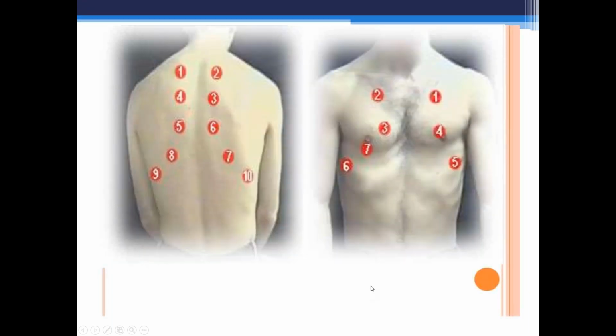But these are the recommendations as far as how we auscultate those lung sounds. So we start with the front of the patient's chest, right around a little bit more central than mid-clavicular, and then work our way down. Once we get done, then we can go to the back, and these are the areas that we would listen to on the back.